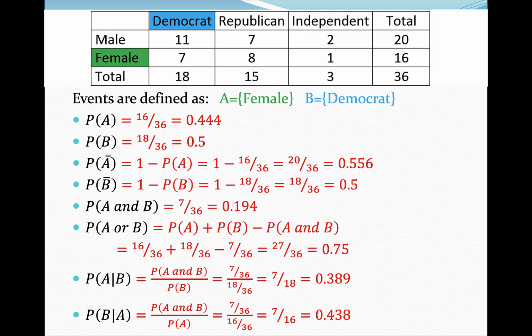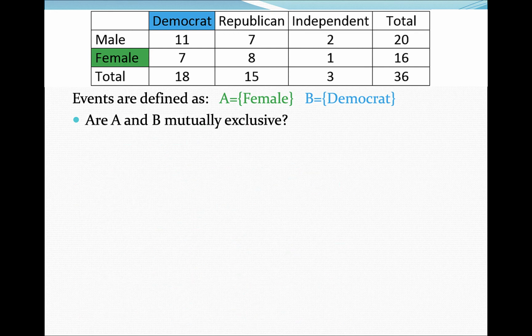You're left with 7 over 16, which is 0.438. So once again, those are your probabilities. You're going to calculate those either through an experiment where you create a sample space, or a situation like this where you're given the outcomes from a sample of 36 people like we have here, and you're calculating the probabilities based on frequencies.